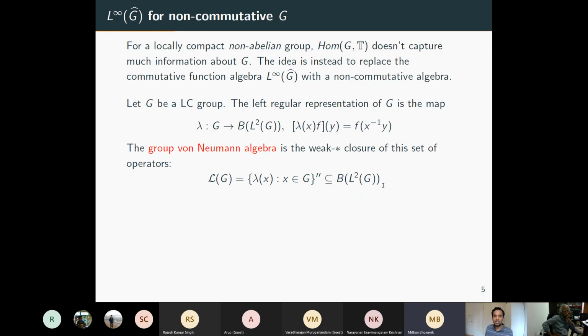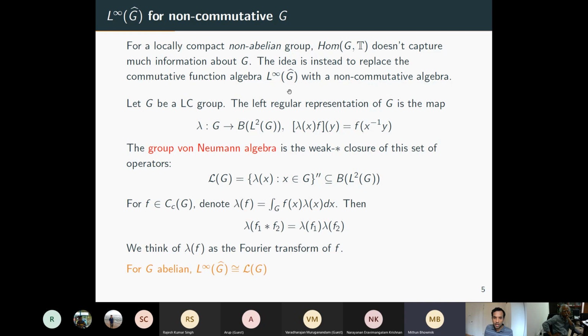And this is in fact the appropriate algebra to replace L infinity of G hat with, because the first thing you note is that if you have a continuous compactly supported function f, you can define something called lambda f. By this, I mean you integrate f with respect to lambda x, where lambda x are these left translation operators.